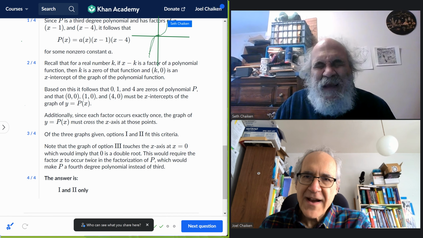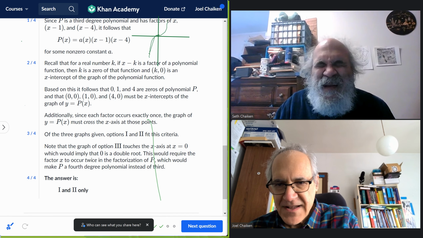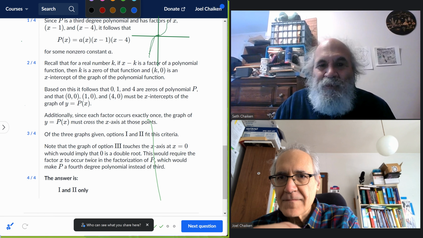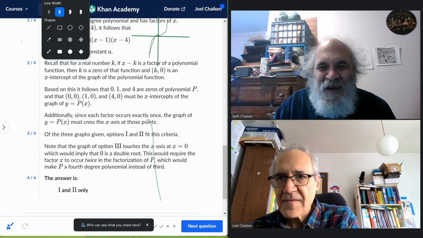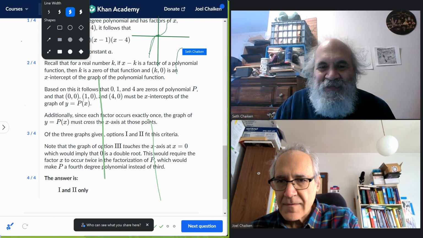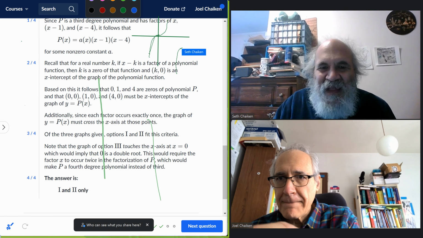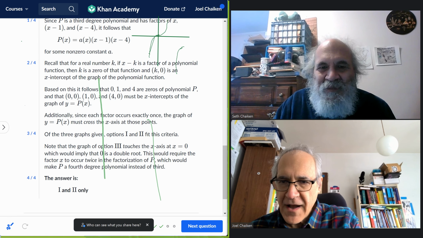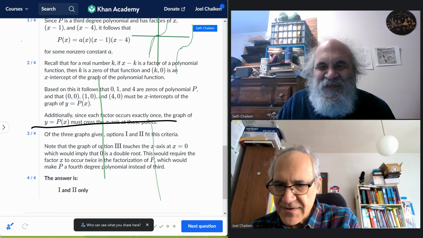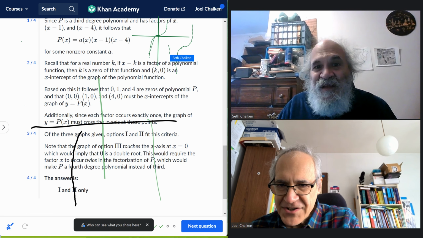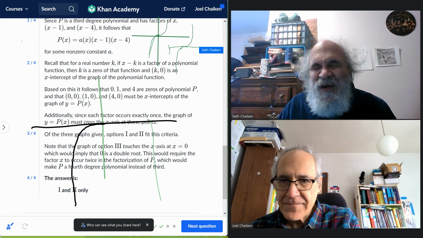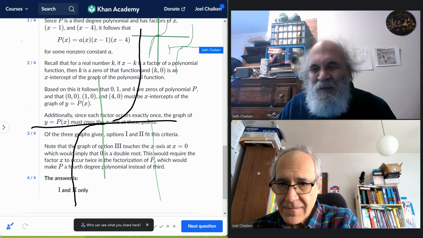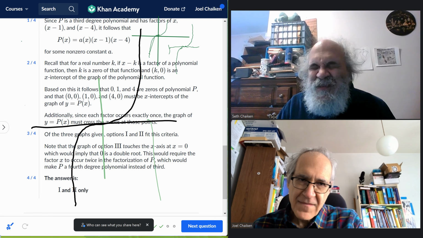Oh, I see. But it's not a little jiggle. It flattens out, and then it unflattens at the same rate. So in other words, it comes up with a horizontal tangent, but the curve crosses the tangent.